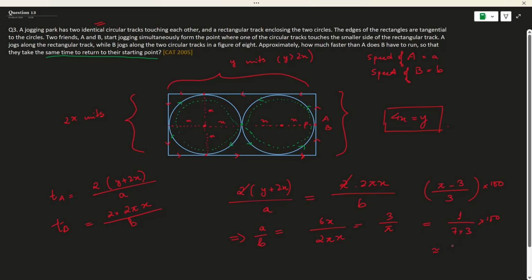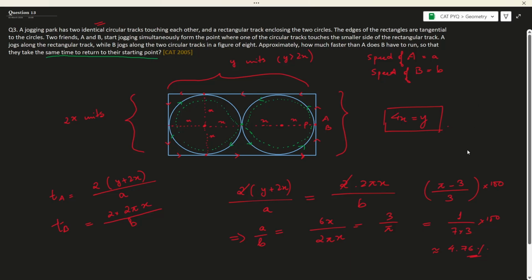Around 4.8%. Let me use the calculator, guys. Please bear a moment. It's 4.76%. So the answer will be 4.76%. All right, guys. Not a difficult one. If you know the concept of time, speed, and distance, it's a very easy question.